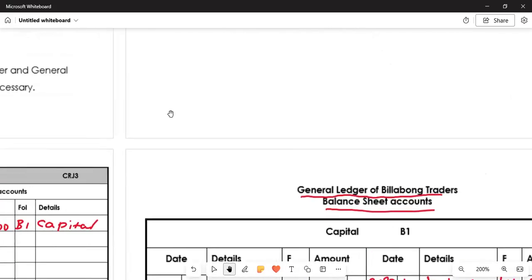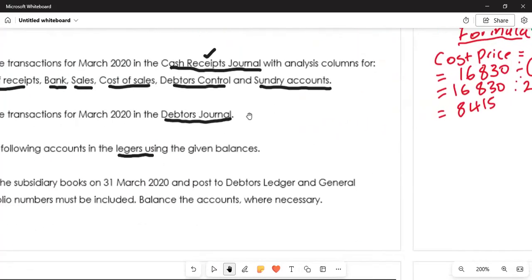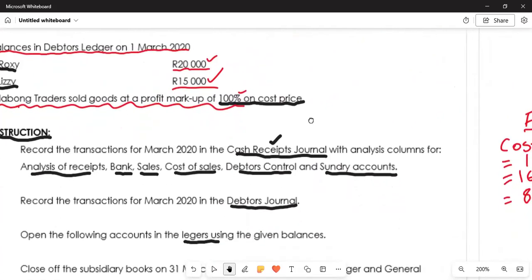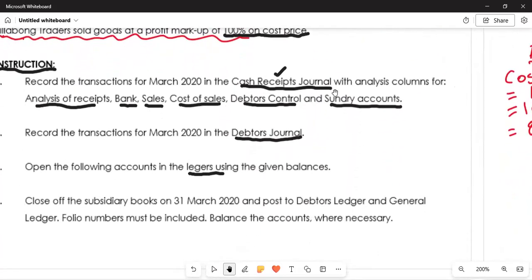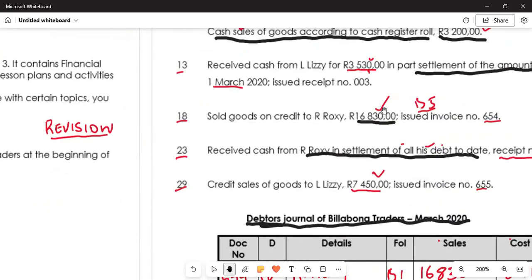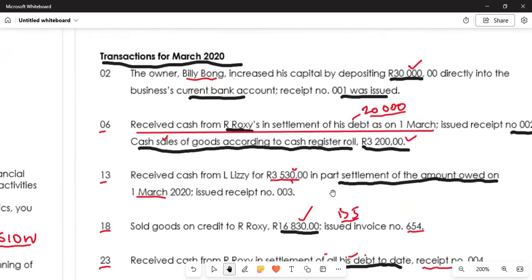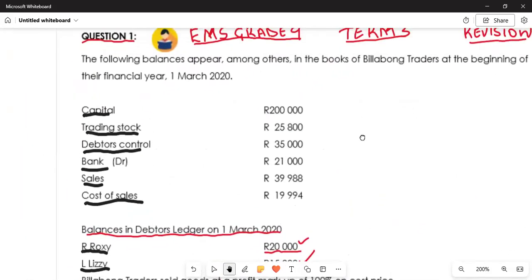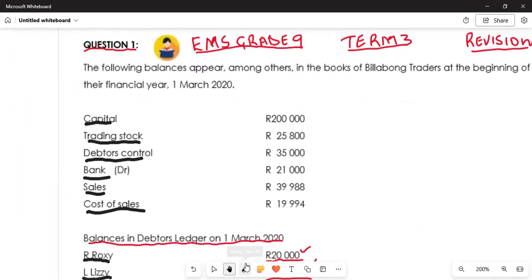Now we can go to our information, and then here is our capital. Here is our capital amount on our trial balance.